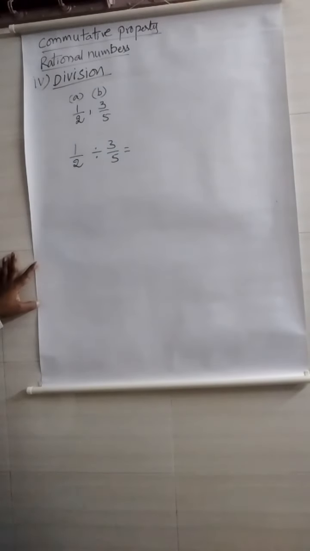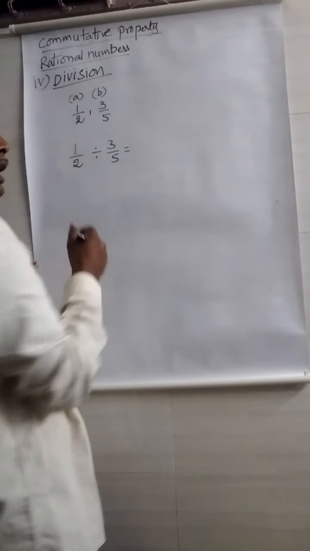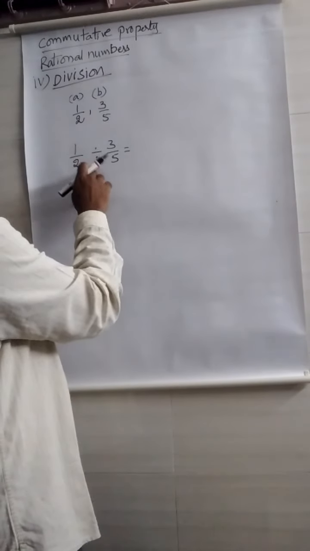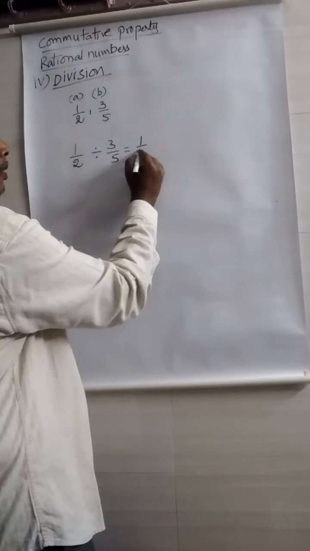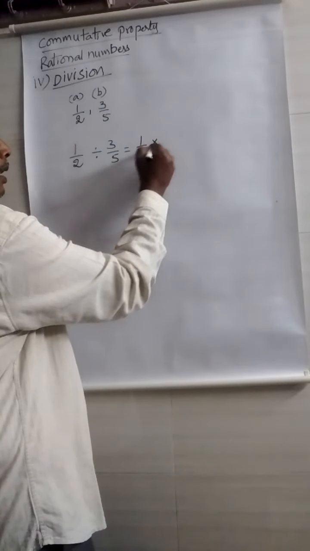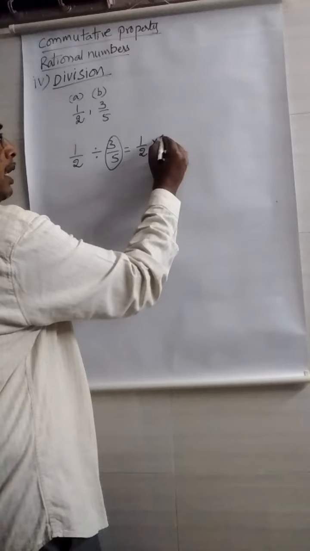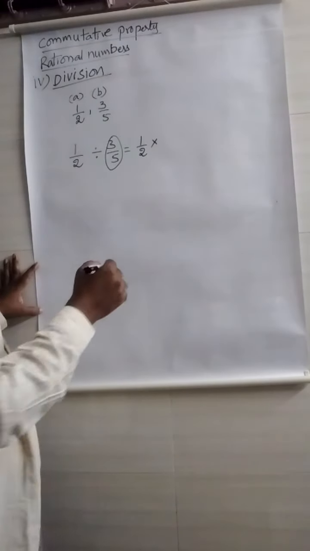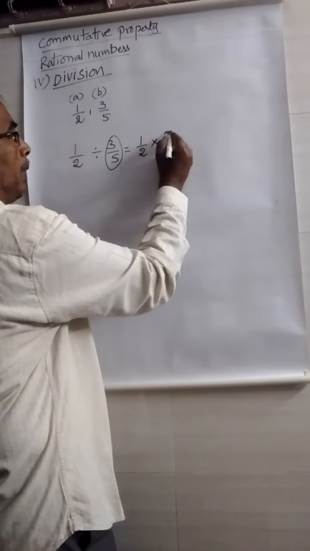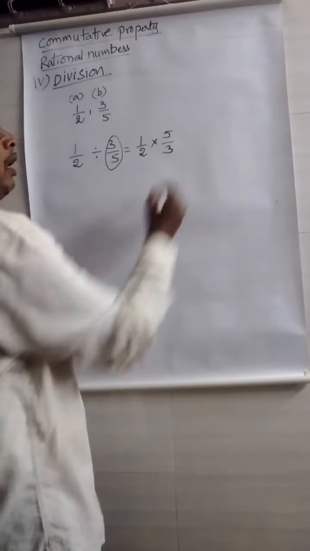Already we know how we can do this division. First we write 1 by 2, and you put the multiplication symbol, and we write the reciprocal of this one. That means 3 by 5. What is the reciprocal of 3 by 5? 5 by 3.